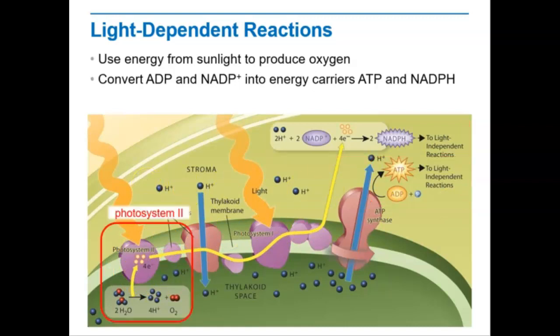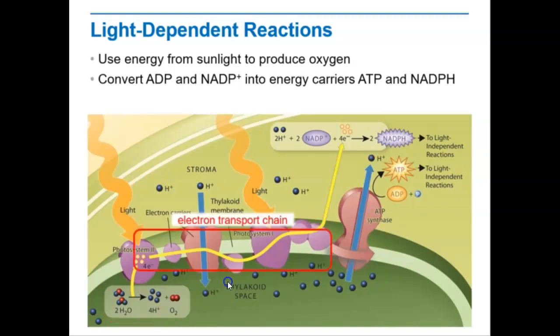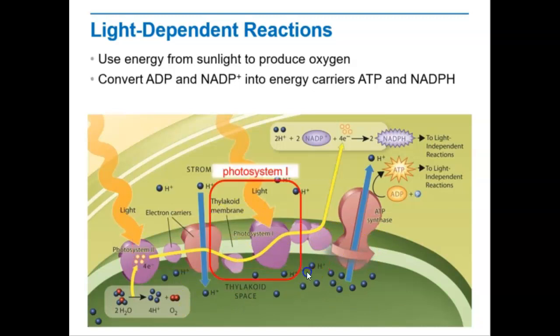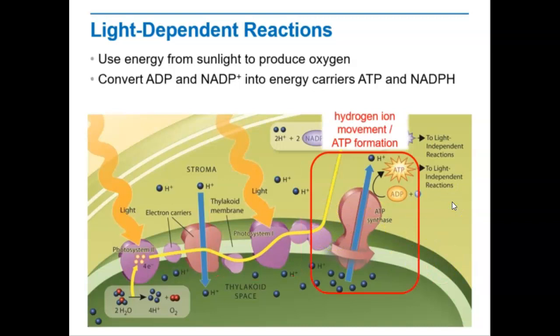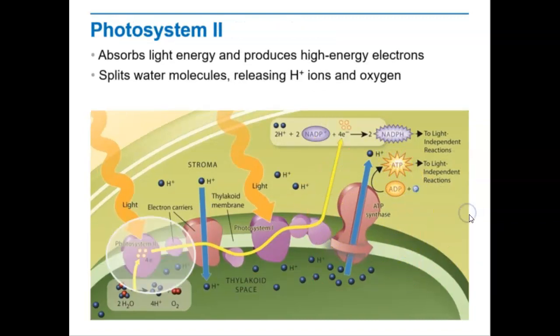If we look for the electron transport chain, it is all through here. And then last but not least, if we look for photosystem 1, you'll see it's right here. So you'll notice they're not necessarily in an order. Let's move on to the next slide. Oh, and then here is hydrogen ion movement and ATP formation.